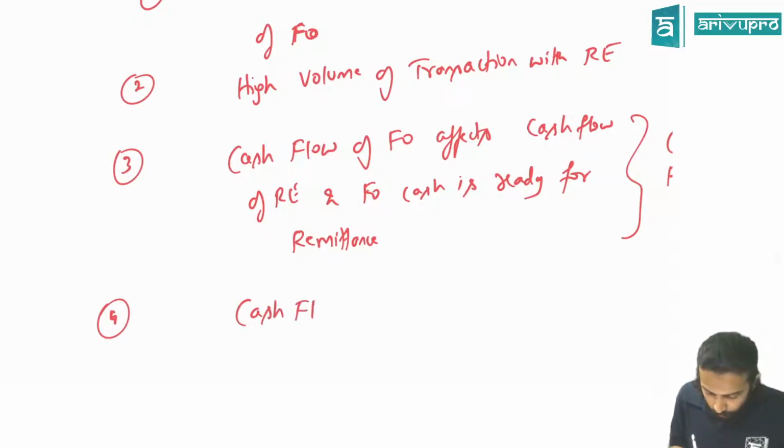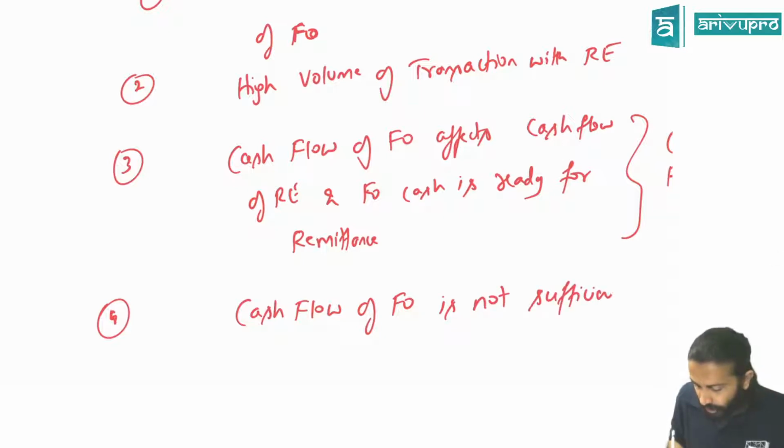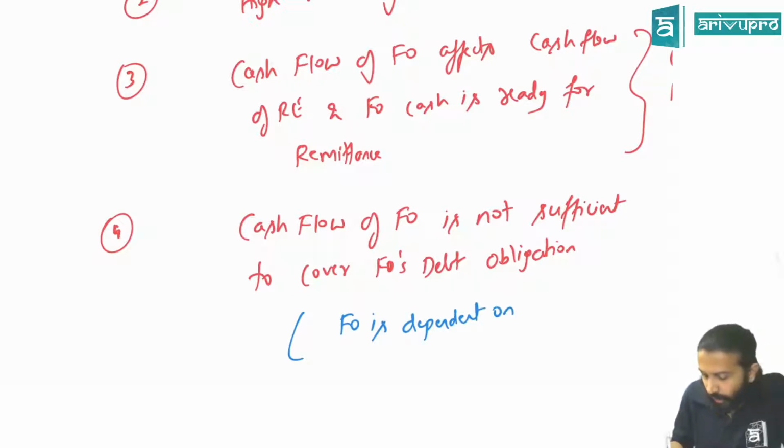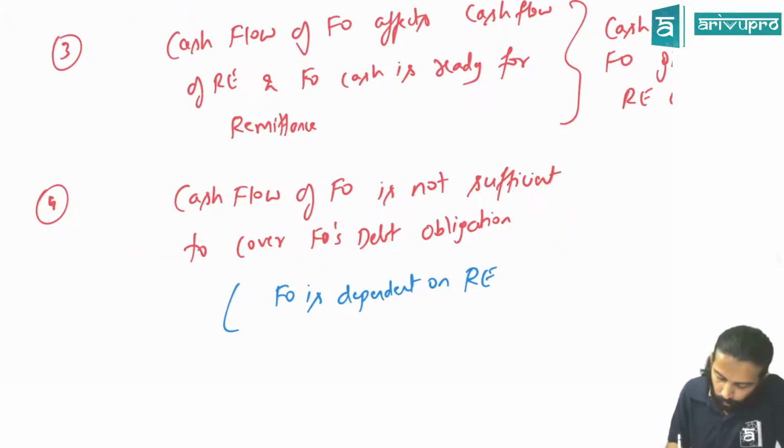Cash flow of foreign operation, that is FO, is not sufficient to cover FO's debt obligation, or instead you can also write: FO is dependent on reporting entity for funding requirements.